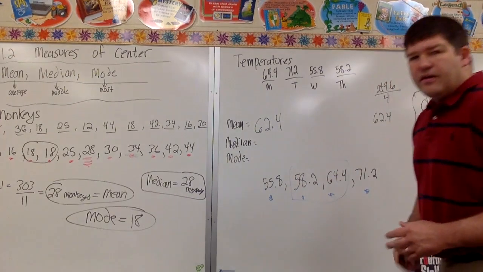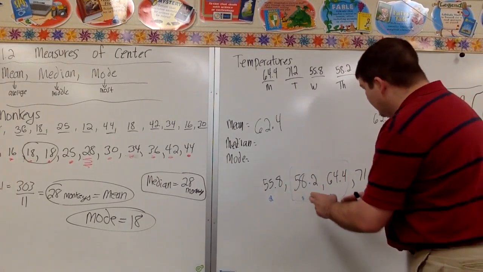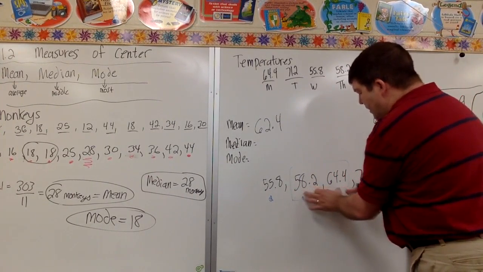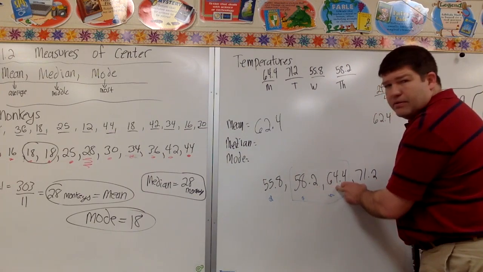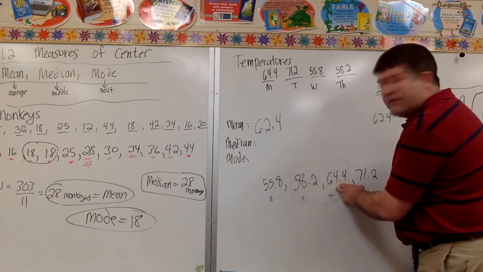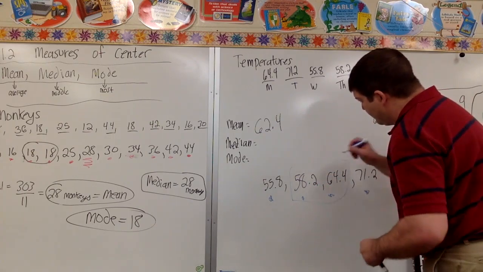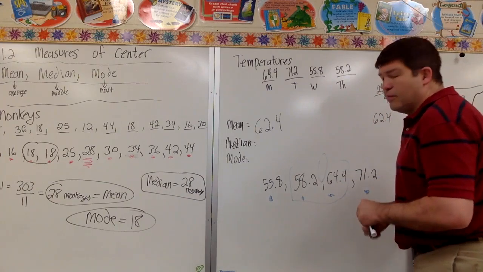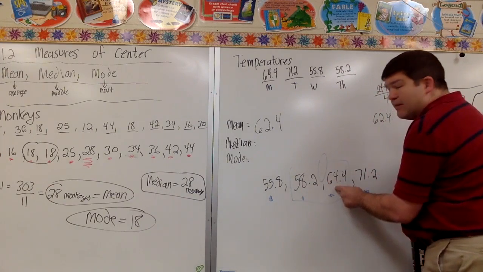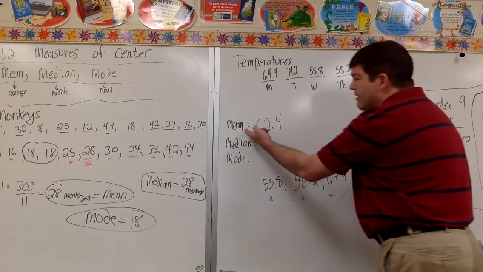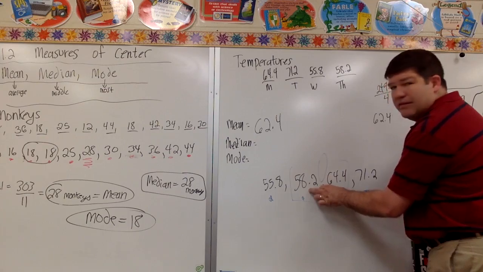now I have 4 numbers, so there's not just 1 in the middle. These 2 are my middle numbers. So do I take this one or do I take this one? Well, what I do is I find the average. What's in the middle of these 2? The way I find the middle of these 2, add them together, divide by 2. It's kind of like finding the mean or the average. I want to find what is between these 2.